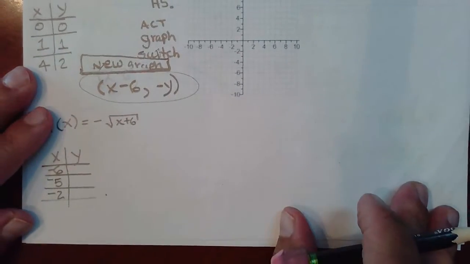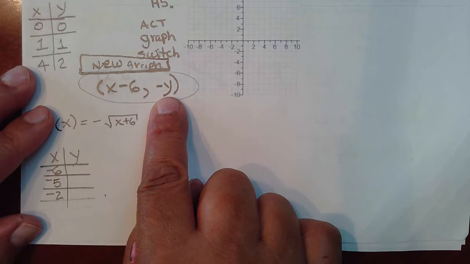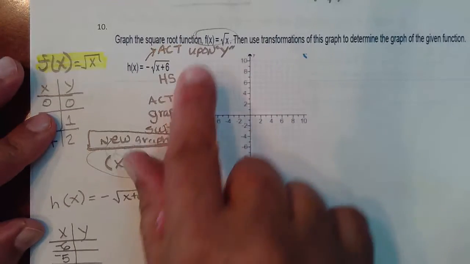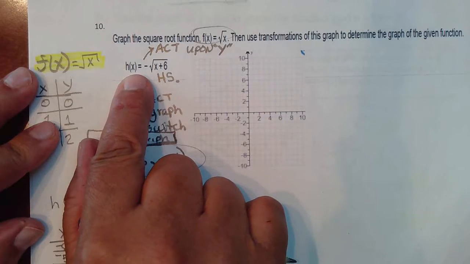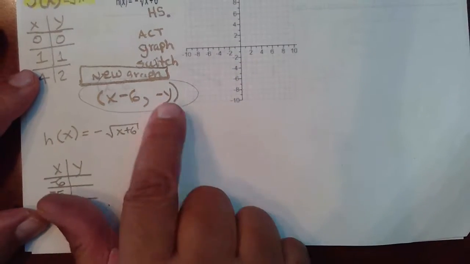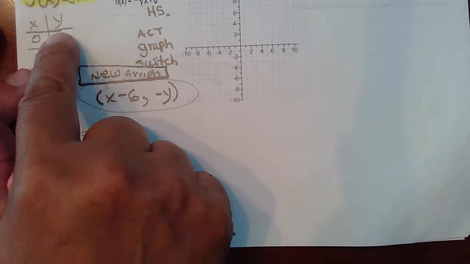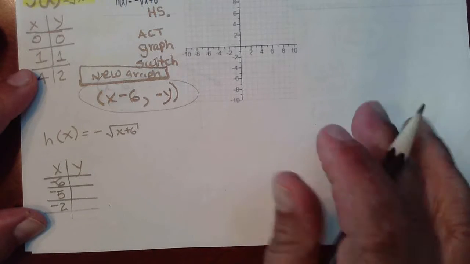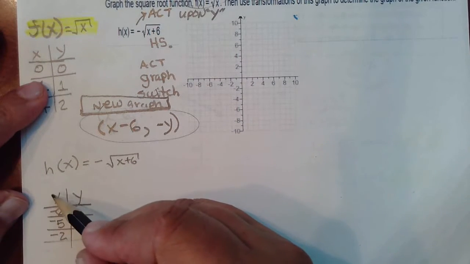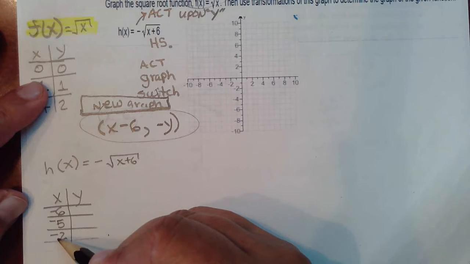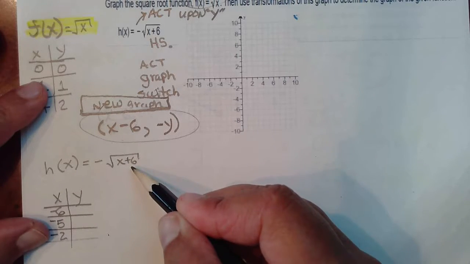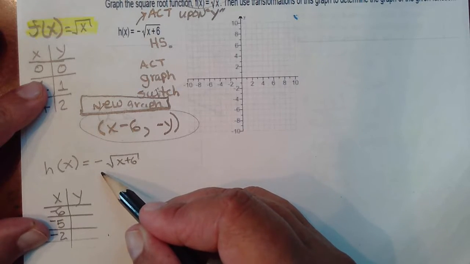And now do what we decided we were gonna do to y based on what we saw right there. Okay, so now we're taking all the y's again from the parent table. You're always going off the parent table. That is a lot easier than taking all these values and trying to plug them in there and then multiplying by -1. That's a lot of work.